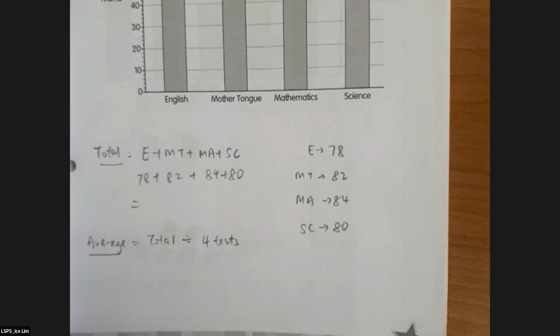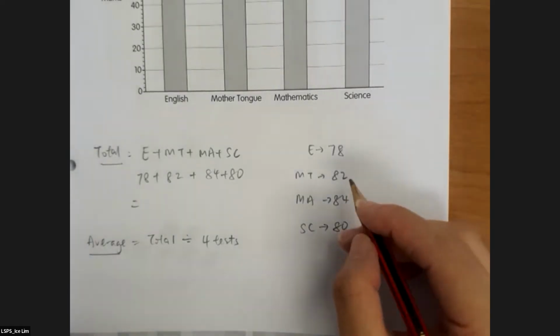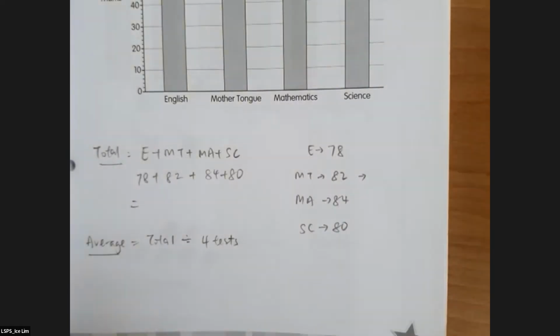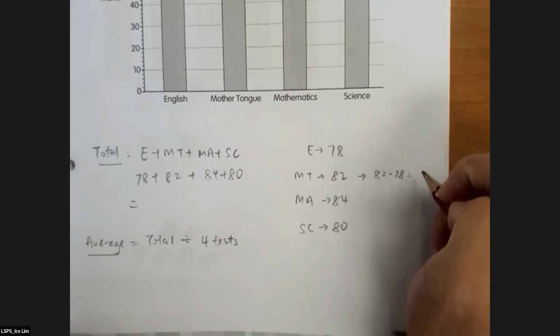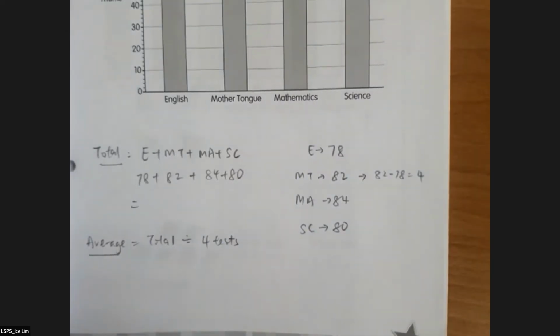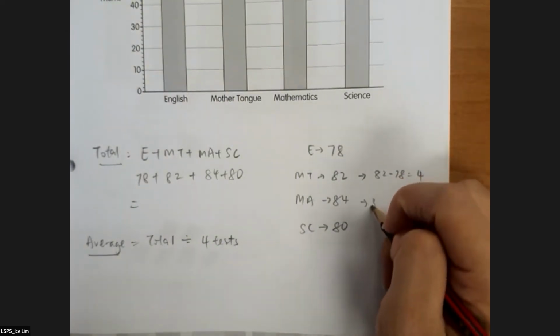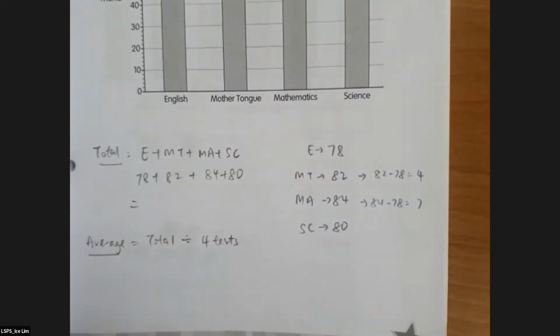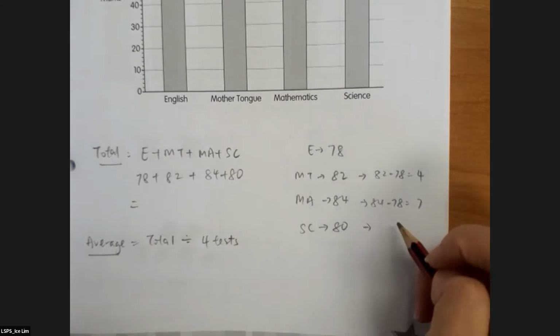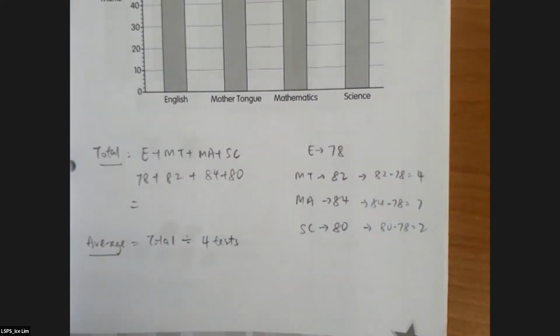If I chop away, that means this one is more by 82 minus 78, extra of 4 marks. 84 minus 78 is 6 marks extra. And this one is 80 minus 78, 2 marks extra.